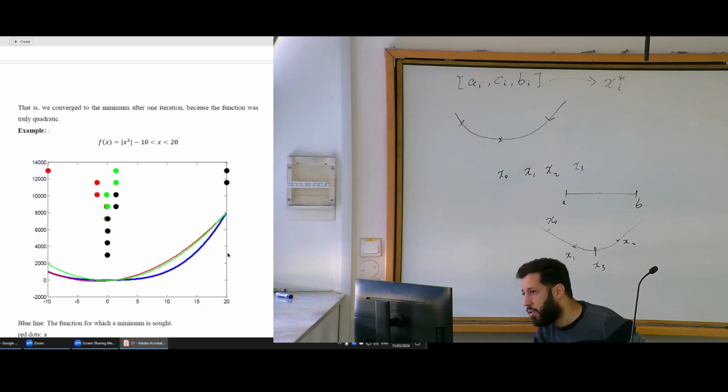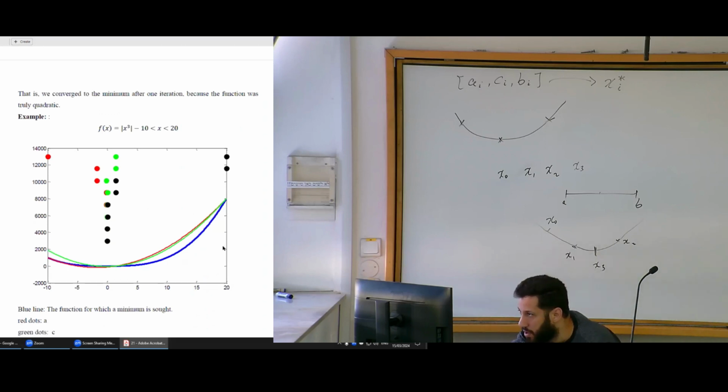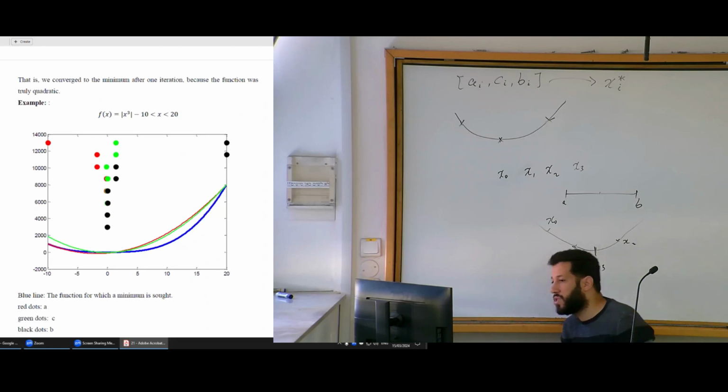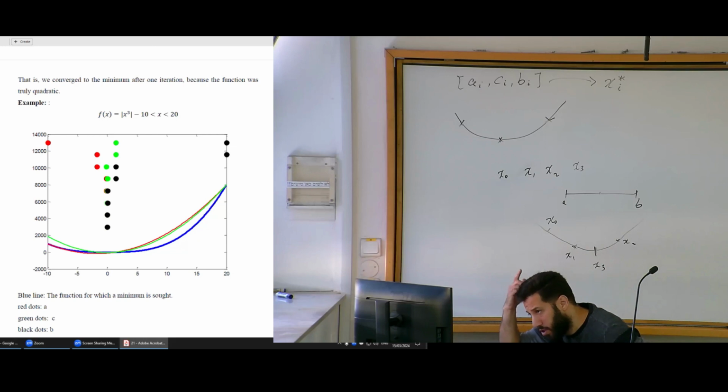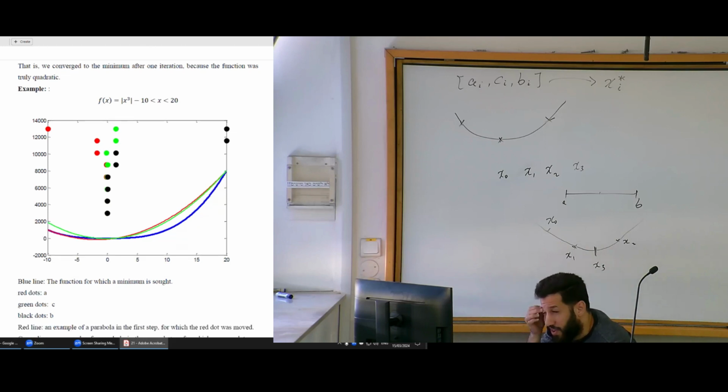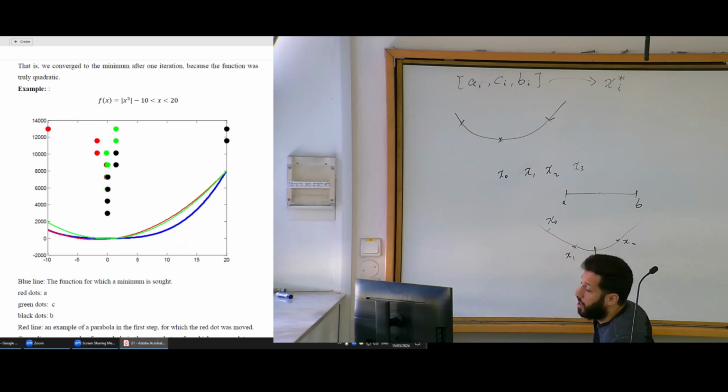Okay, so here is another example of minimization, but using the parabolic interpolation method. Now you can think that maybe we go to some maximum, not minimum.